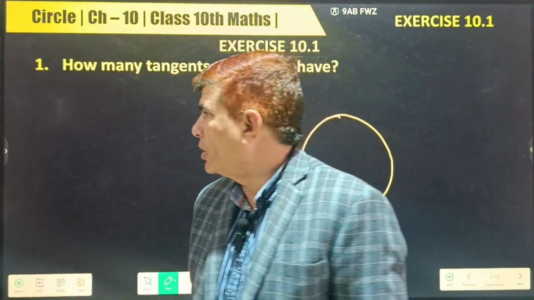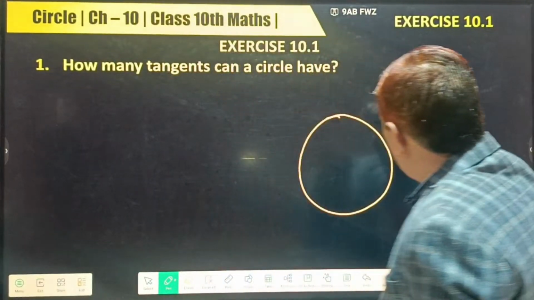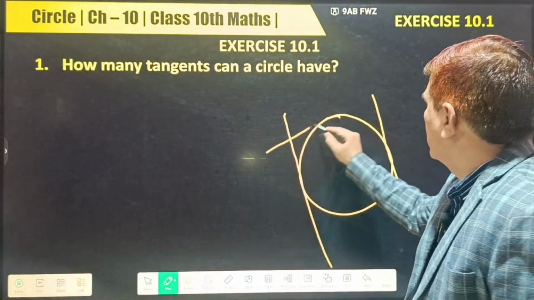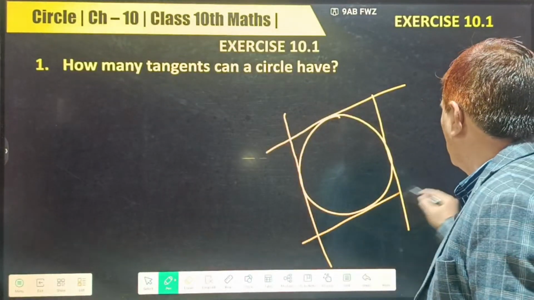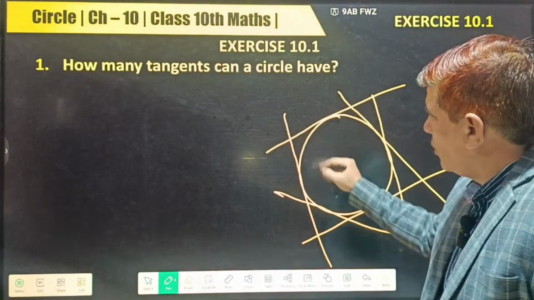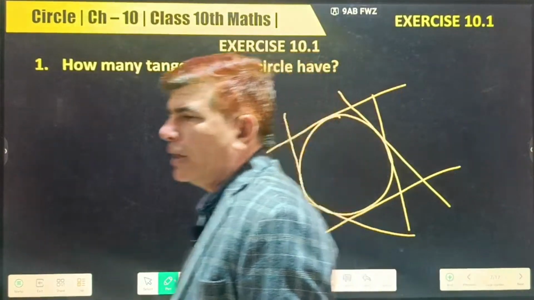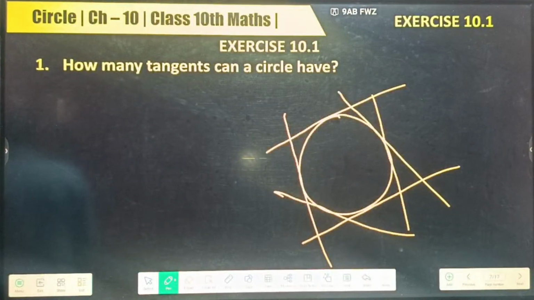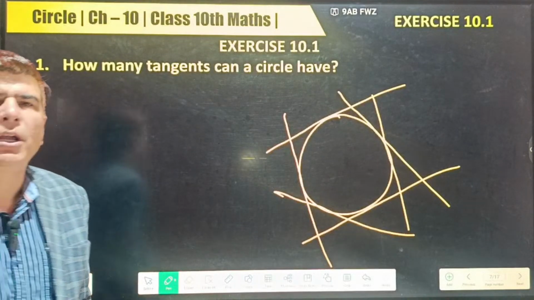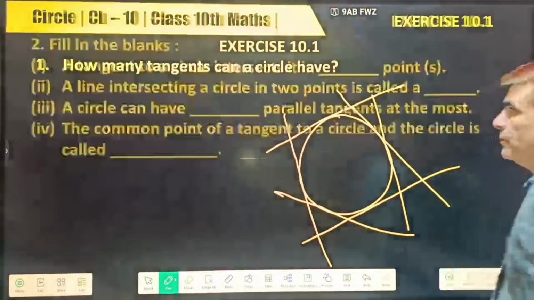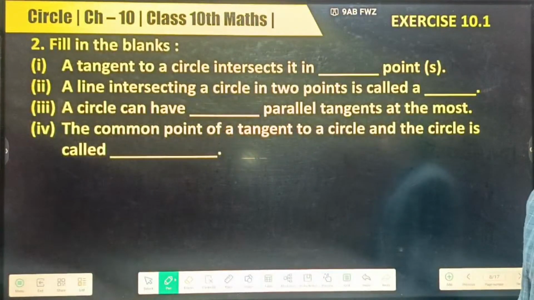From one point you can draw like this, and through this point also, and this point also possible. How many points are on the circle? Infinite number of points. So how many tangents can a circle have? Infinite. Understood?